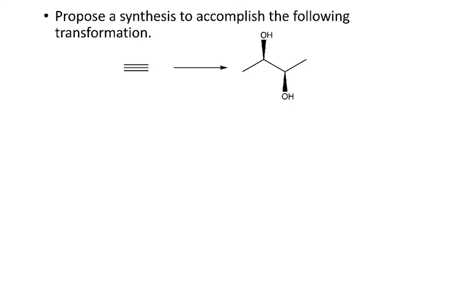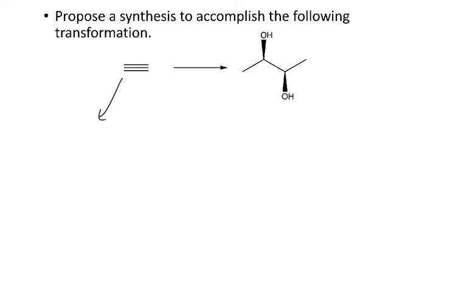Okay, so in this example, I'm starting with acetylene, and I want to make this compound. And so this has 4 carbons in the chain. This only has 2, so I'm going to need to do 2 alkylation steps to add a methyl group to each side. Then I think if I convert it into an alkene, I can then use syn dihydroxylation to add my 2 OH groups. So first, let's add a methyl group.